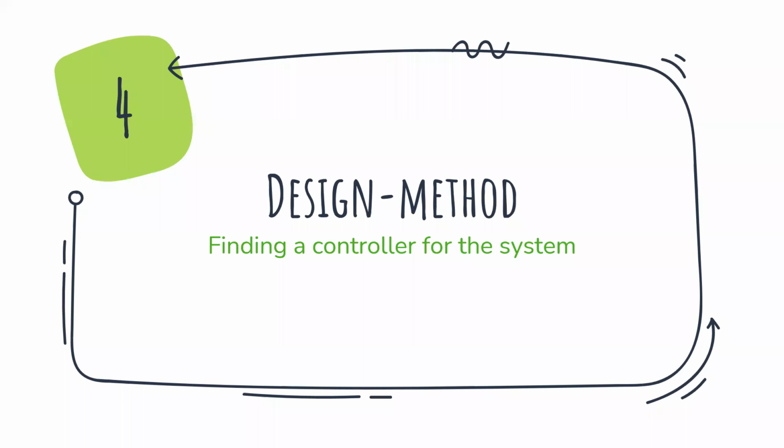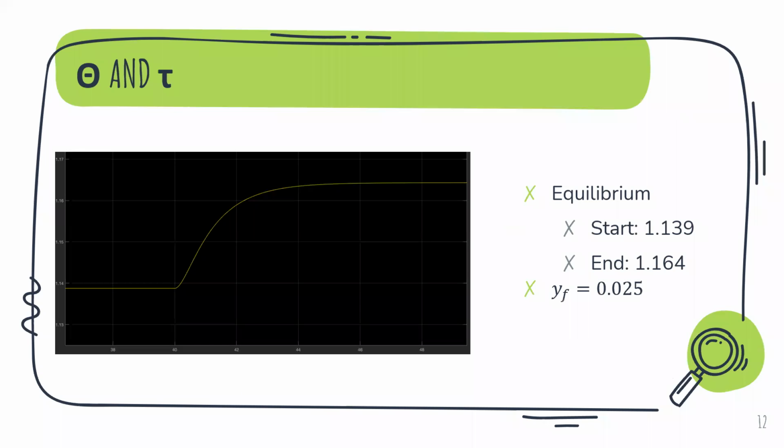Now explaining the design method used to find a controller for the system. For finding an appropriate controller for the model, first we need to calculate theta and tau to find them in the selected controller. As the equilibrium values showed, the temperature starts at 1.139 and the graph finishes at 1.164.